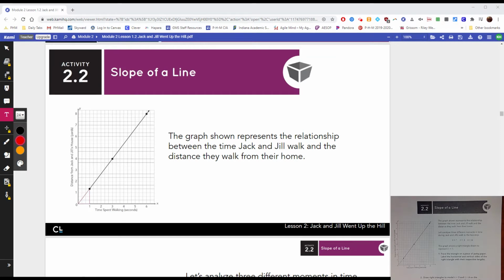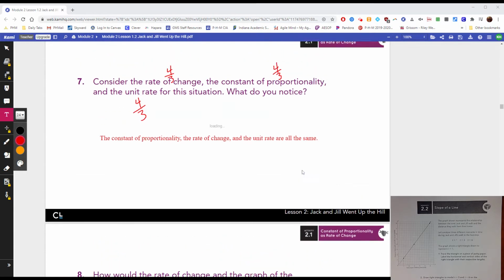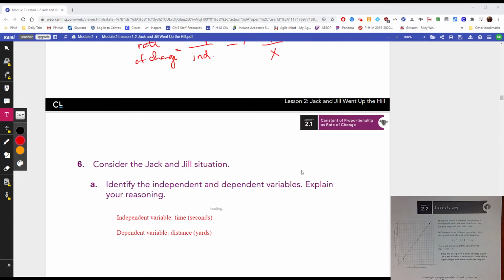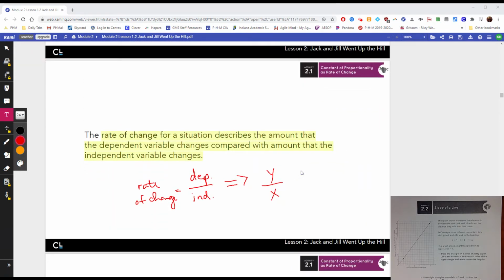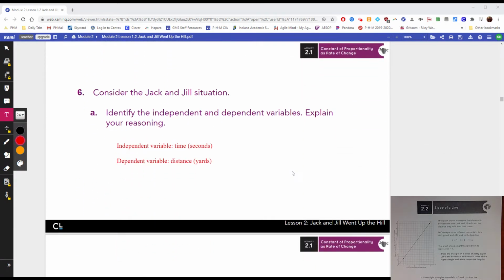In the last video in this lesson, we got done talking about the rate of change. So I just want to real quickly recap rate of change. We saw that the rate of change describes the amount that the dependent variable changes compared with the independent, and we broke that down into y over x, y compared to x.